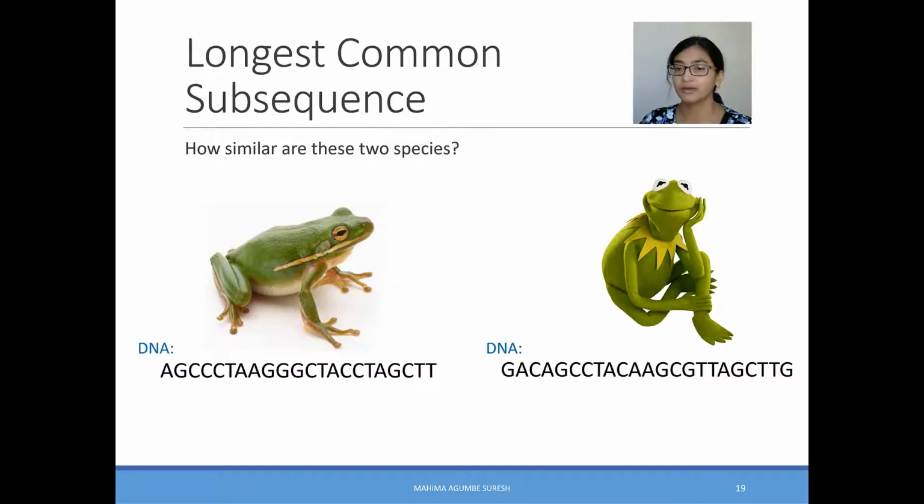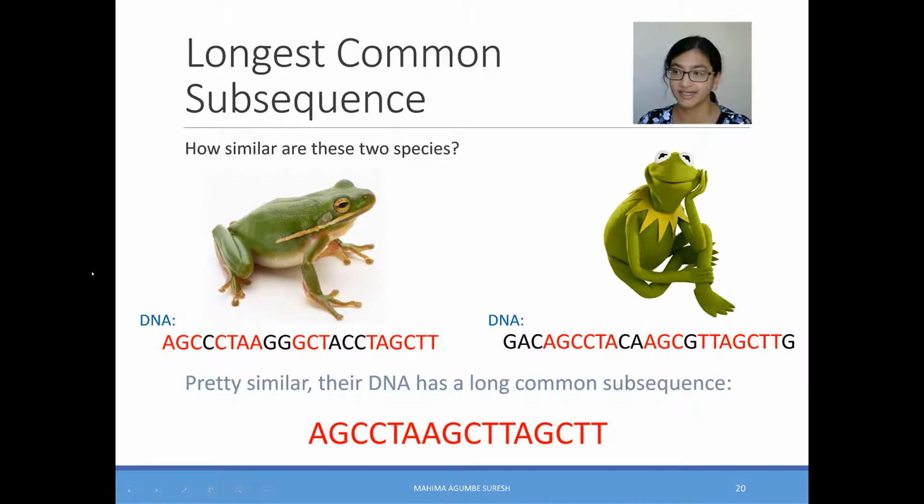So then you ask the person who gave you this problem, maybe your colleague, what exactly does it mean for two species to be similar? Then they tell you that if two species are similar, their DNAs have a common subsequence which is similar.